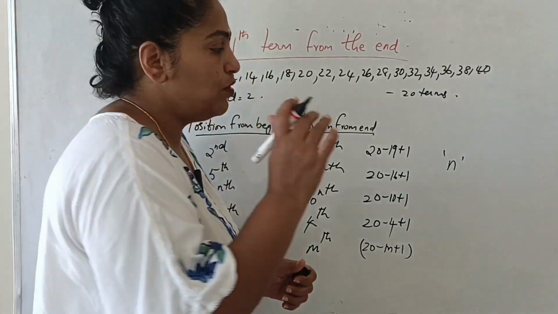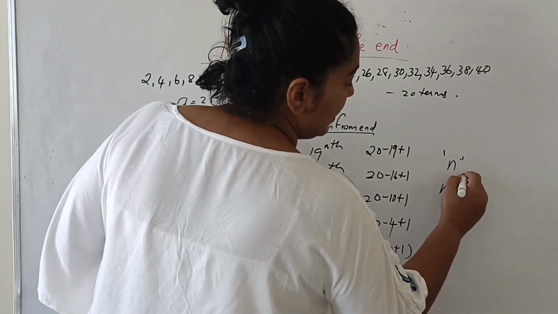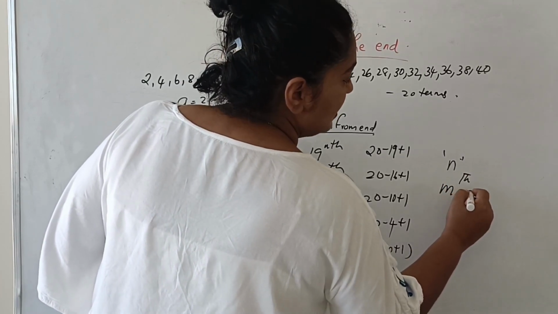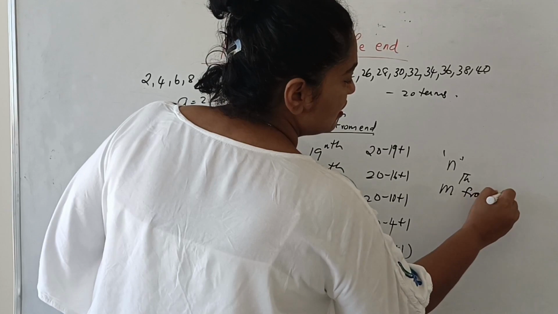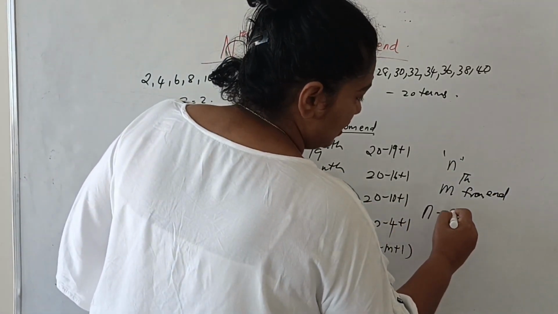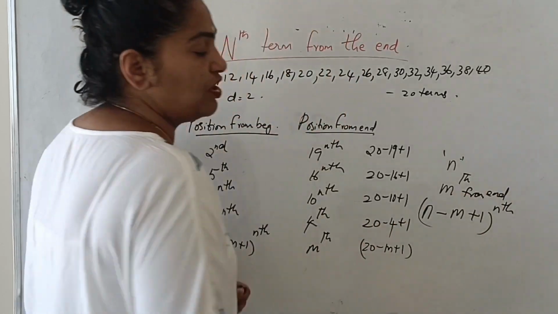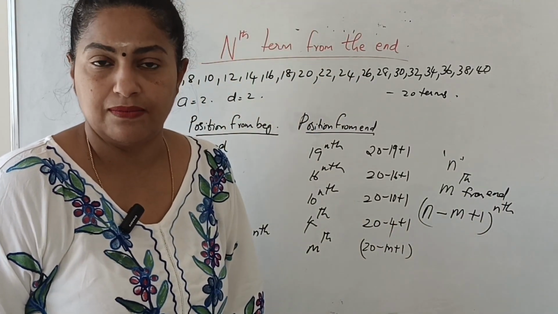Suppose there are n terms in an arithmetic progression and we are interested in a term at the mth position from the end. Its position from the beginning will be the total number of terms minus m plus 1, that is n minus m plus 1.